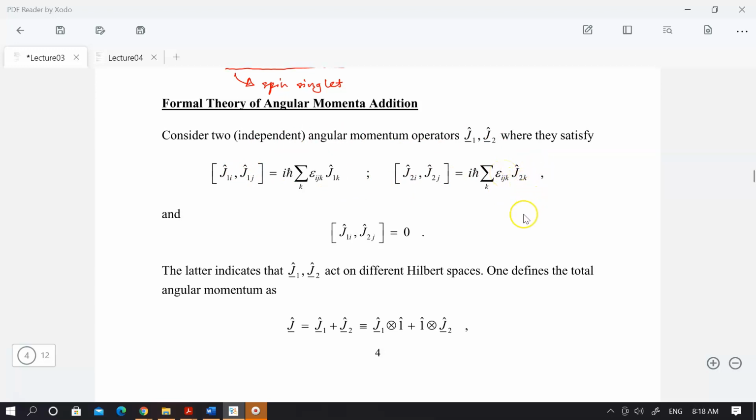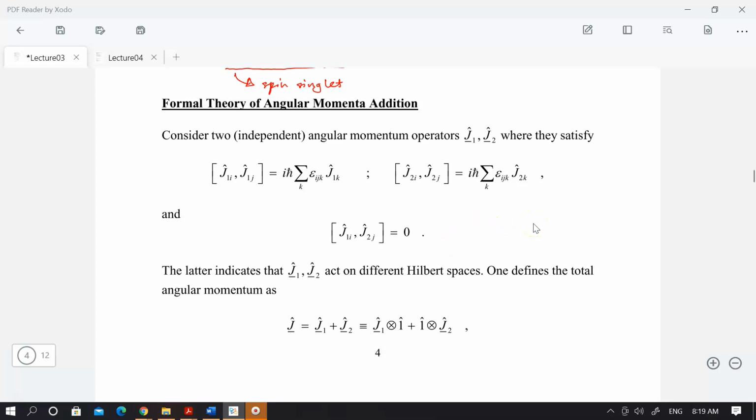And let's also assume that these two angular momenta don't interact with each other. In other words, we assume that when we take the commutator of J1 and J2, it gives you zero. In other words, you can commute these two operators.